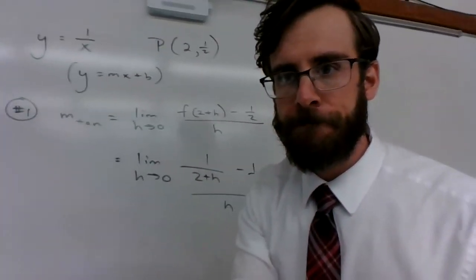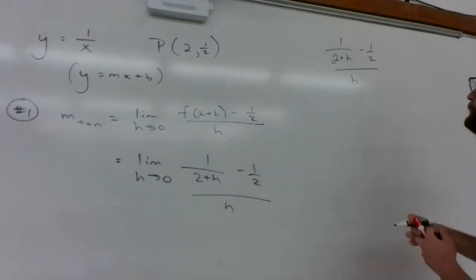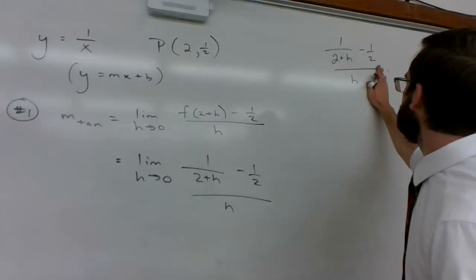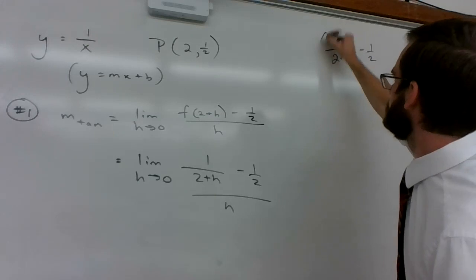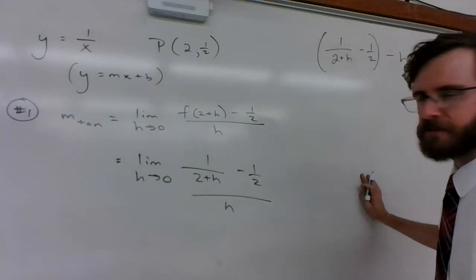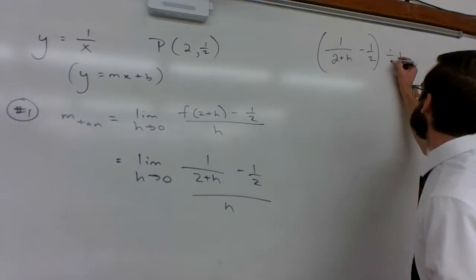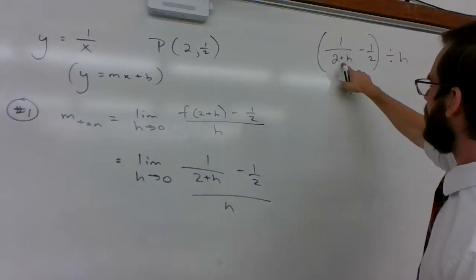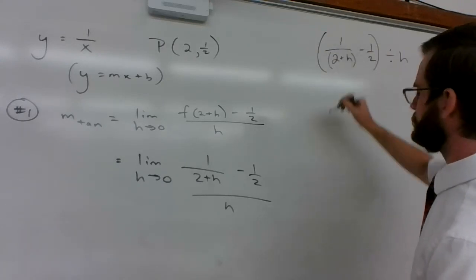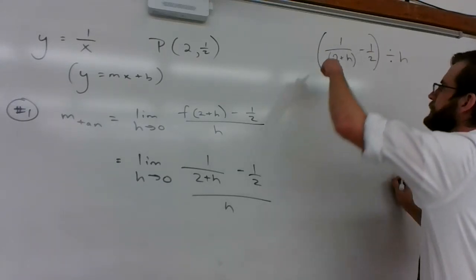Come on over. You know, the first thing I'm going to do is, instead of writing it divided by h like this, I'm going to write it as divided by h like this. So what I need are common denominators here. This one needs to be multiplied by 2.